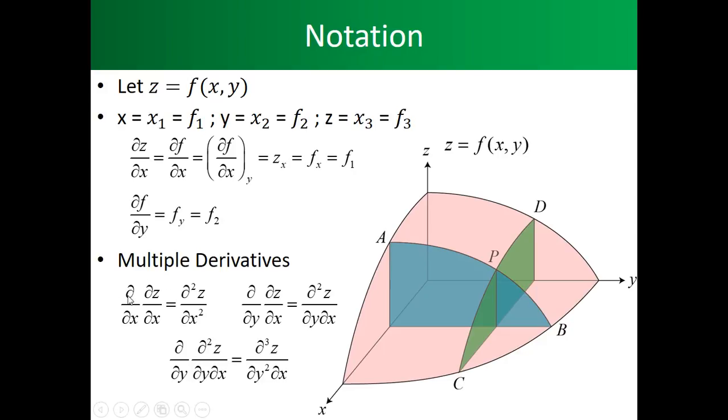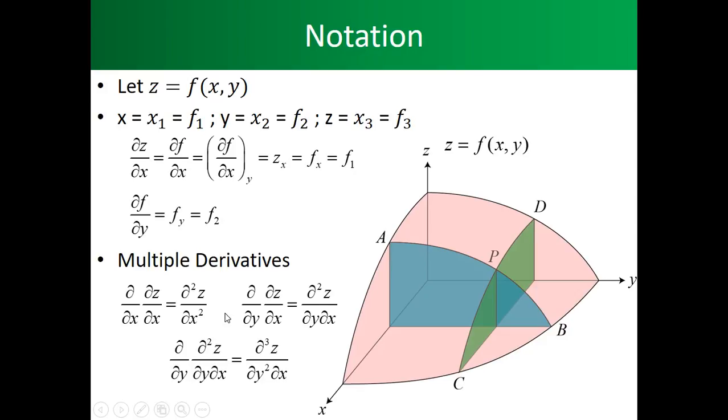Okay, so we have the partial of z, the function z, in reference to x. And so we have two x's on the bottom, and we have two partials on the top, so it's the second partial of z with respect to x squared.